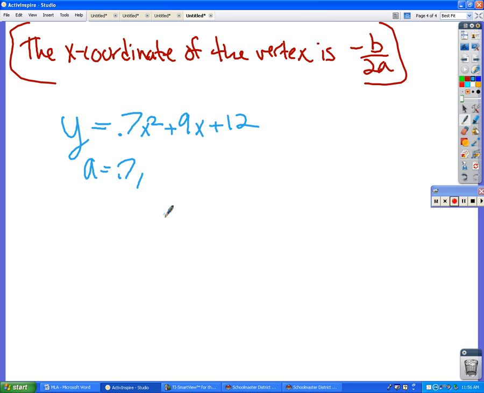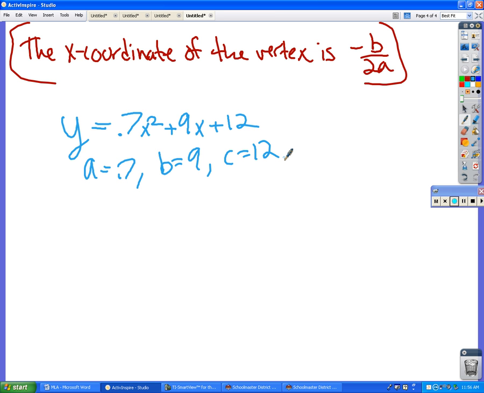Okay? What's B? 9, because that's the number in front of the x, right? And what's C? 12, because that's the number that's all by itself that nobody loves.